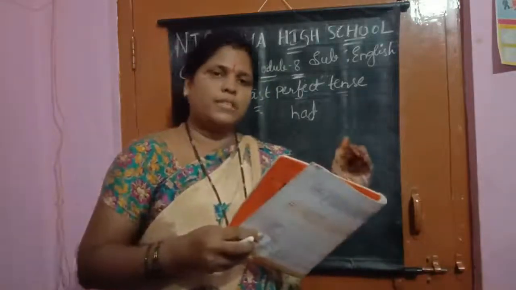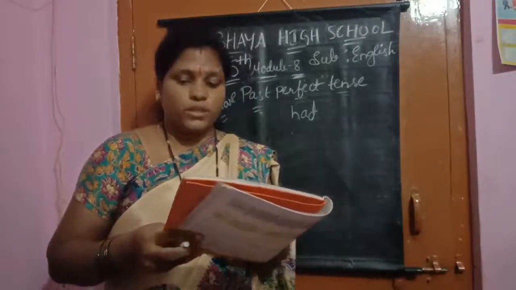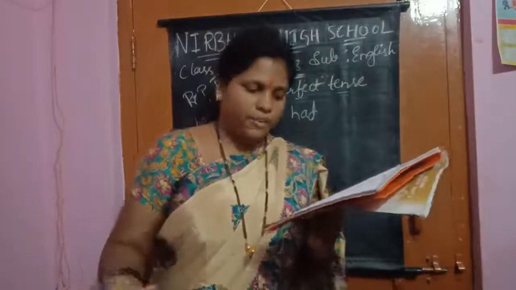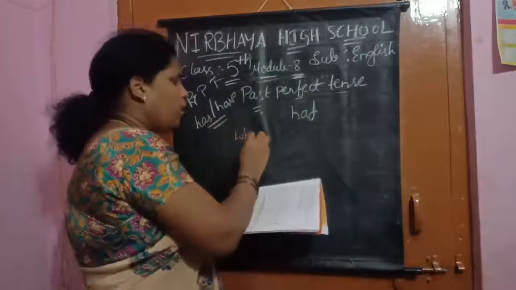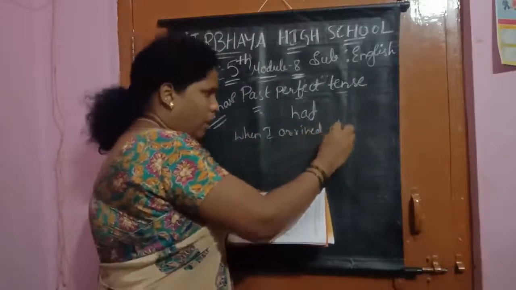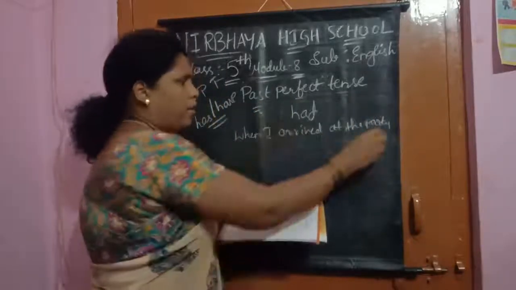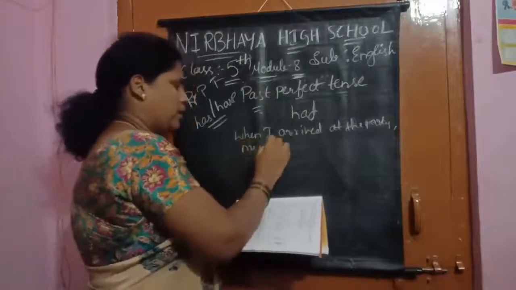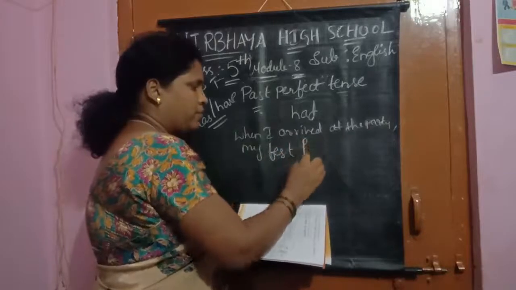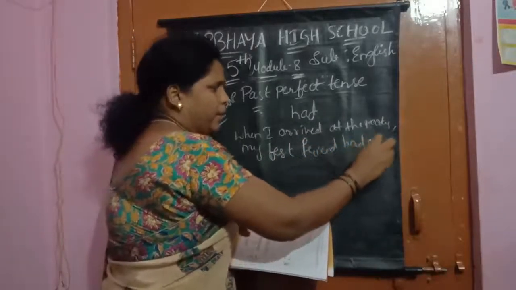See, the past perfect tense shows which of the two past actions happened first. Means in the past, something happened. Which action happened first? It shows. See here, when I arrived at the party, my best friend had already left.